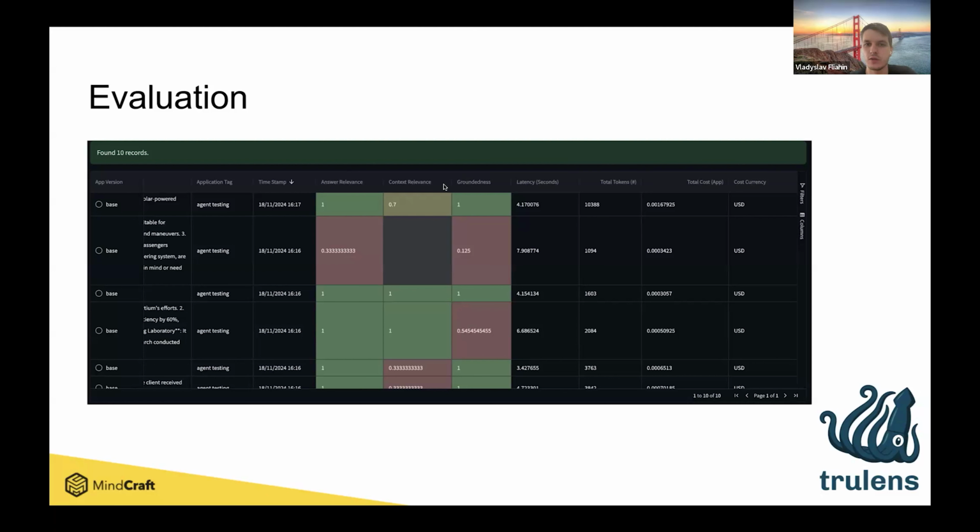First is answer relevance, second is context relevance, and third is groundedness, which measure overall the most important aspects of the system. Basically, how accurately we answer initial questions, how much relevant context we extract from the database, and how much we ground our answers based on the context we extracted. And those additional information that may be needed.